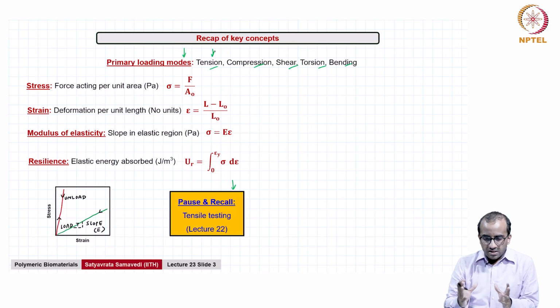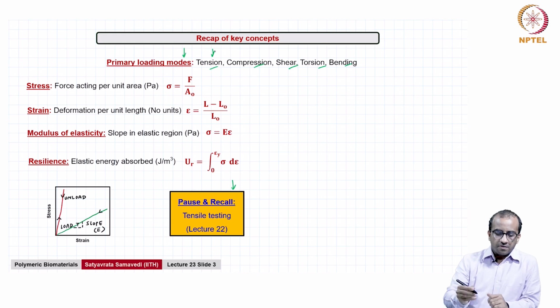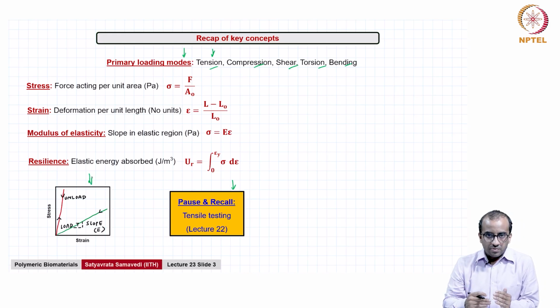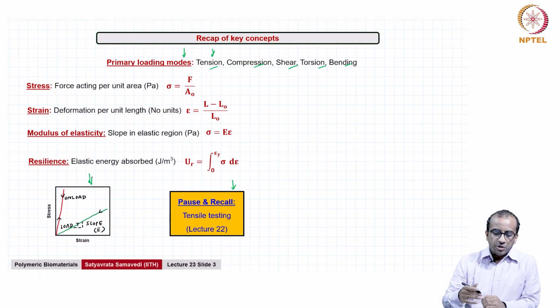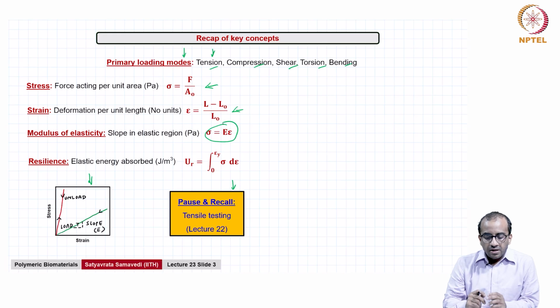broadly, if you look at the elastic portion of the curve, you can have those load and unload cycles where stress is only a function of strain at that point in time. The history, for example, does not matter, and that linear relationship in the elastic region between stress and strain gave us the modulus of elasticity, right?